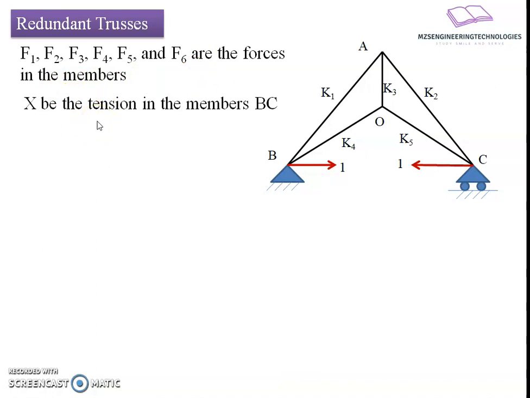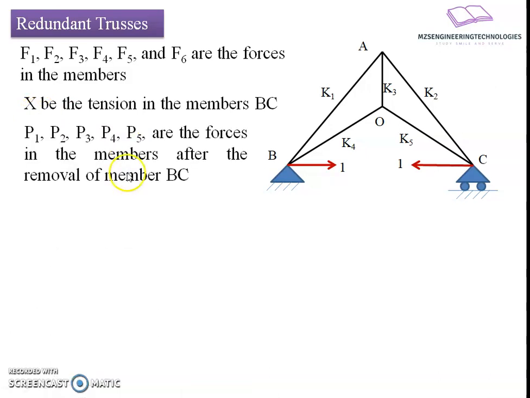After removal of member BC, we are applying X as a tensile force to make the system unaltered. Then we will get a statically admissible case here, and from that we get P1, P2, P3, P4 and P5 as forces in the members in the absence of member BC.